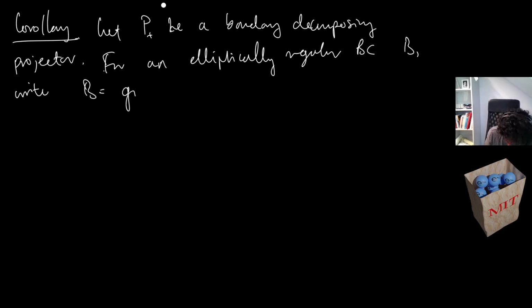We know that we have some graph, and we can write it as the restriction of this graph to H half plus W plus. So we know this from this theorem, this graphical decomposition theorem.